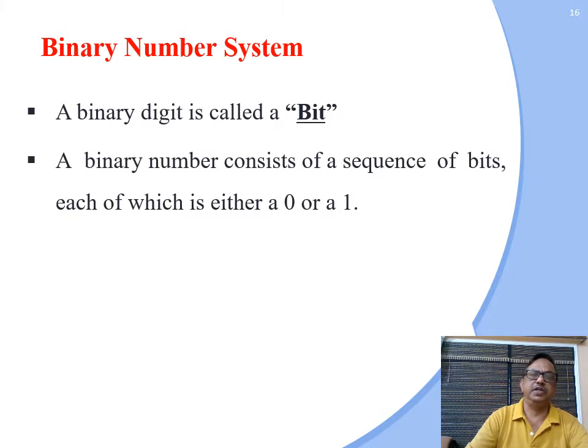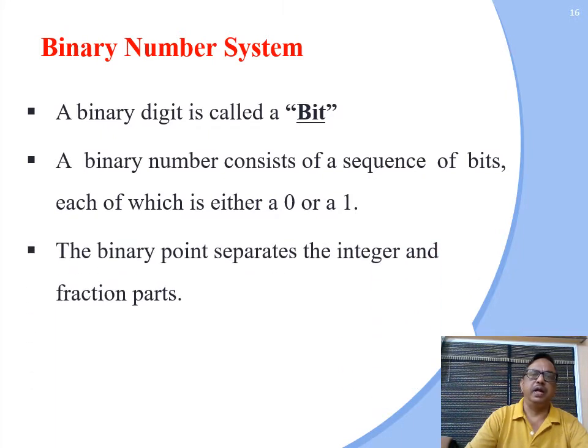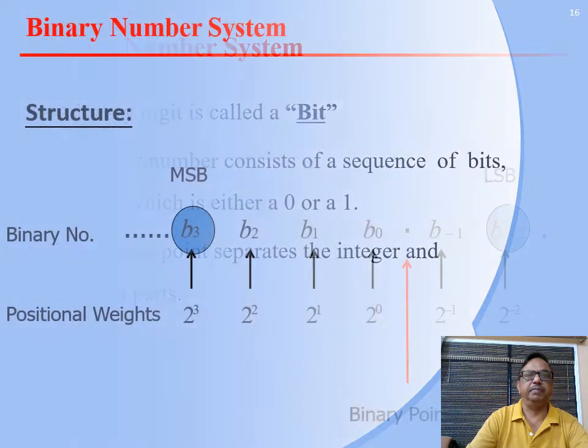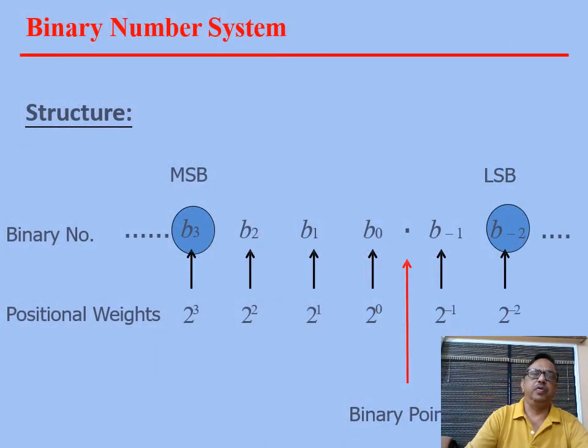The binary point separates the integer and fractional part. Here we can see the structure of a binary number: this is the binary number, these are the positional weights, and this is the position of the binary point.